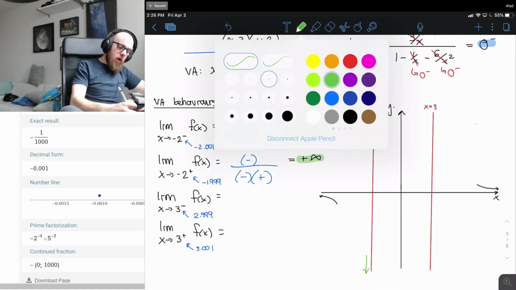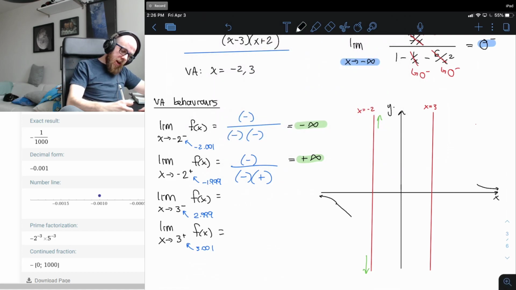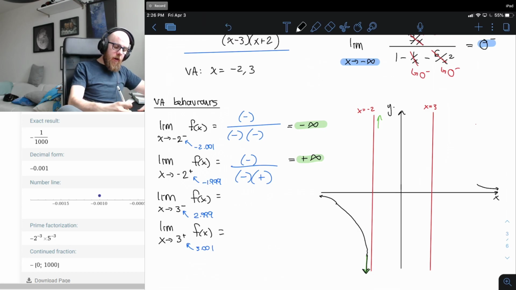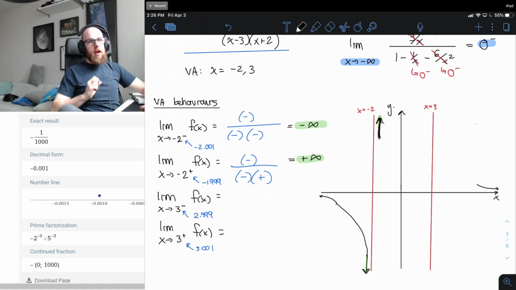So what this allows me to do is match it up here. I already have one piece of my function just from that set of information, and I also know my function will have to shoot up here on the right-hand side of my VA at -2, okay?